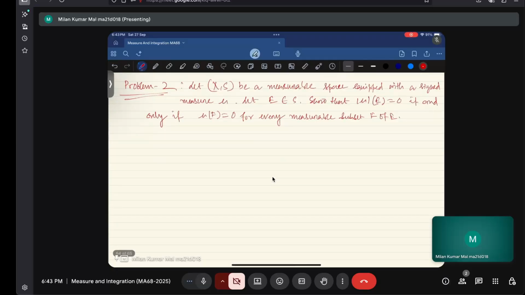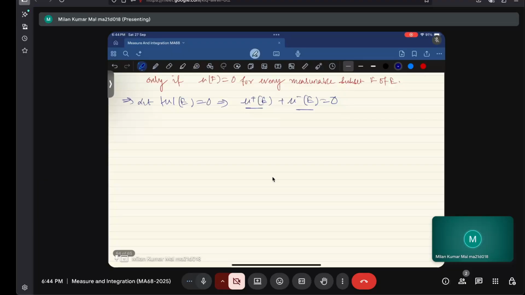So let's do the problem. Let mod of mu equal 0. So that gives mu plus of E plus mu minus of E is equal to 0. But these two are both positive quantities, okay?